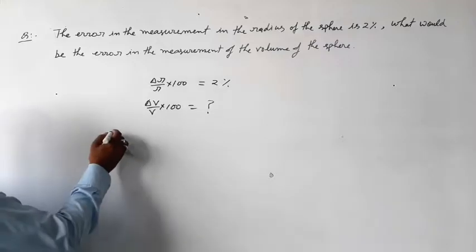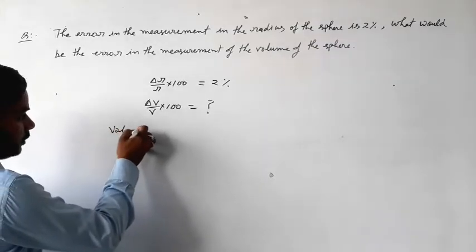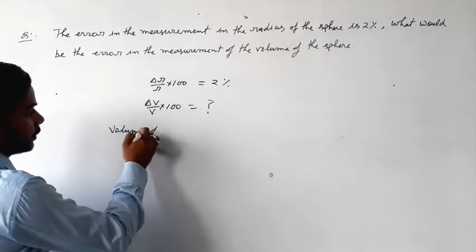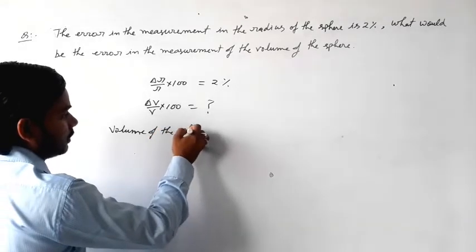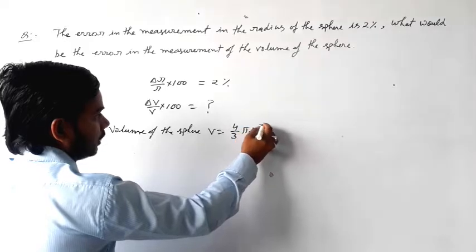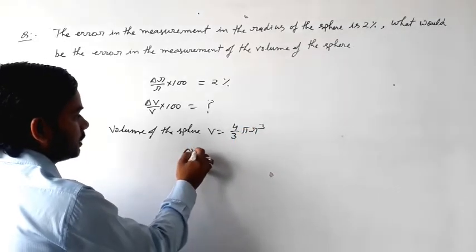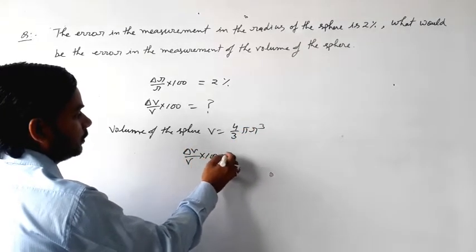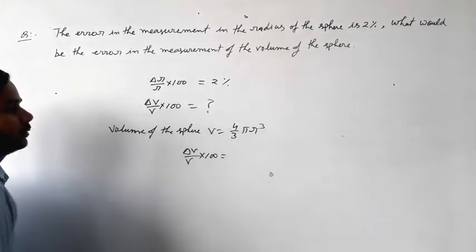Now the volume of the sphere is V equals 4 by 3 pi r cube. The percentage error in volume will be delta V upon V into 100.